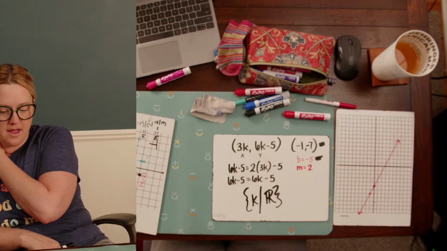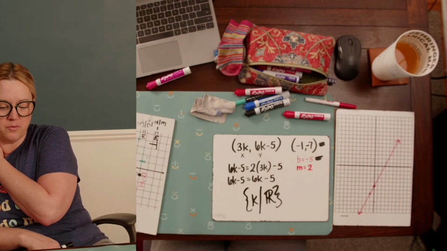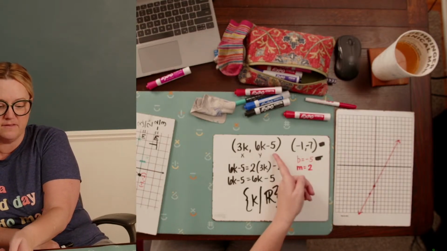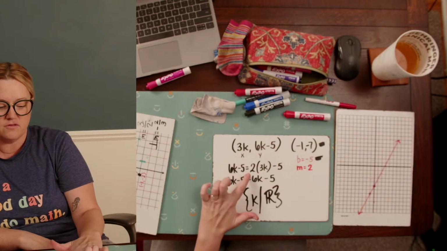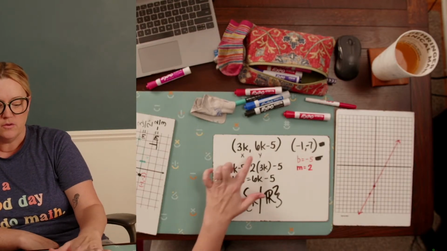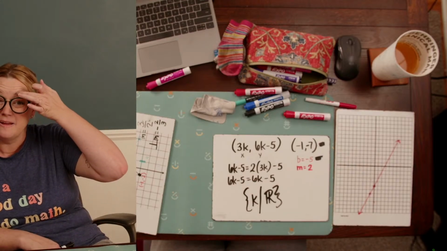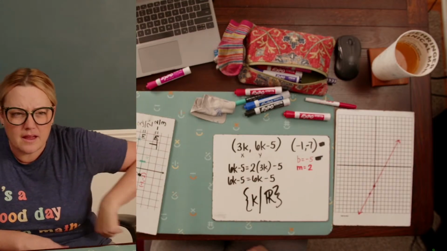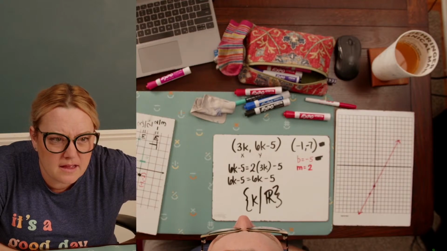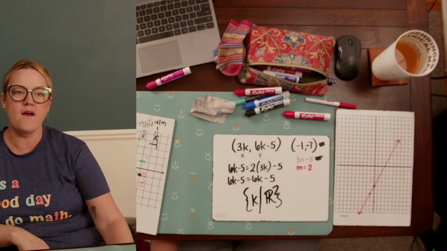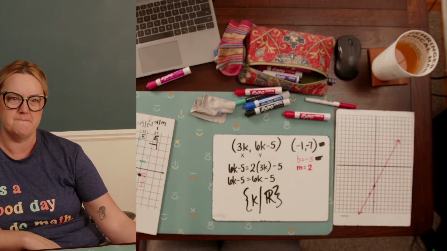I think the thing that throws it off is that the y-intercept is negative 5, just like that negative 5, and you've got this slope of 2, where this is 6, this is 3, so 2 times 3 is always going to give you 6. K equals a sideways 8. Yes, so there are infinite solutions for this.